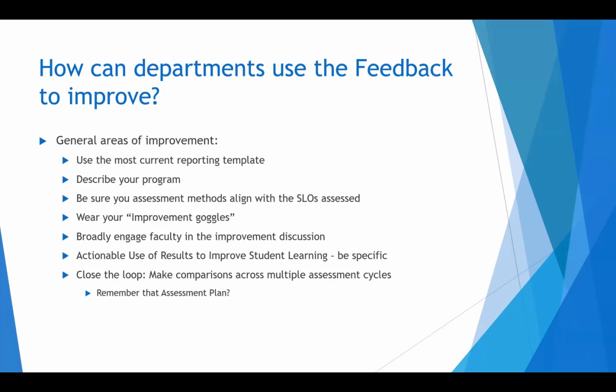Be very clear, very direct about what you're going to do. I can give examples of departments that have done a really phenomenal job of being specific with their actionable use of results and how they're going to use that to improve student learning in the program. So that's good. The more specific you are, the less vague.